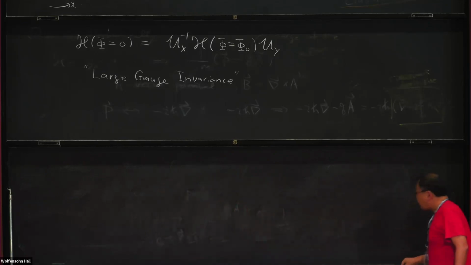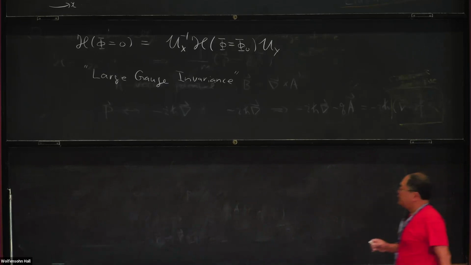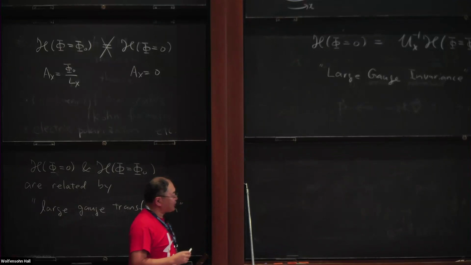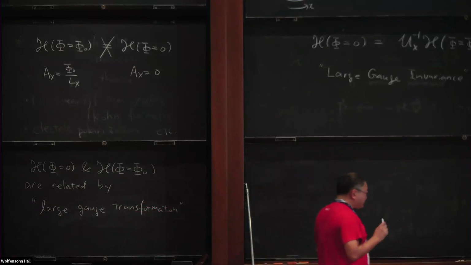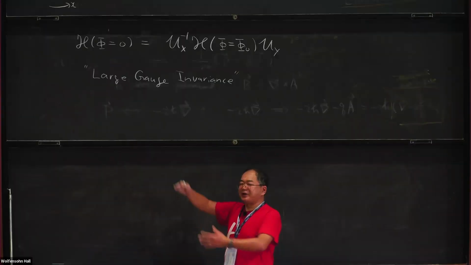Then I want to apply this large gauge invariance between the zero flux state and the unit flux quantum state to obtain various statements. So in order to do so, let's come back to the spectrum of this quantum many-body system. We can classify quantum many-body systems first by looking at the spectrum.